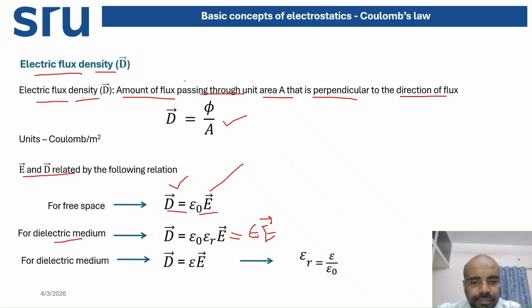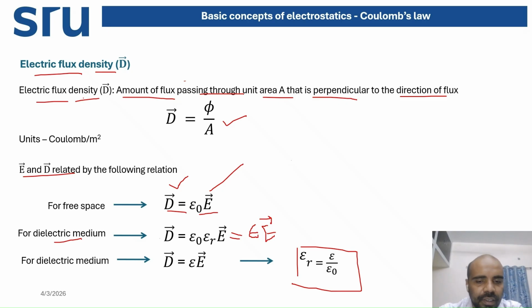This is the relative permittivity. So for dielectric medium, epsilon equal to epsilon R into epsilon 0, and the electric flux density D is equal to epsilon naught into epsilon R into E, or D equal to epsilon E, right, for a dielectric medium.